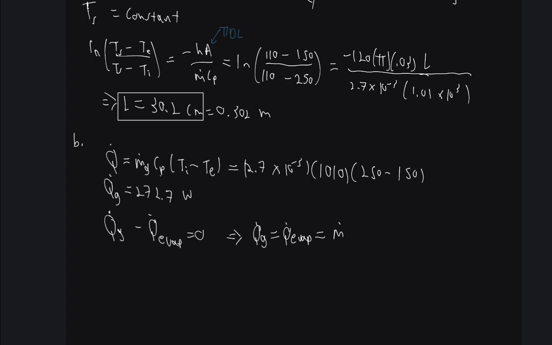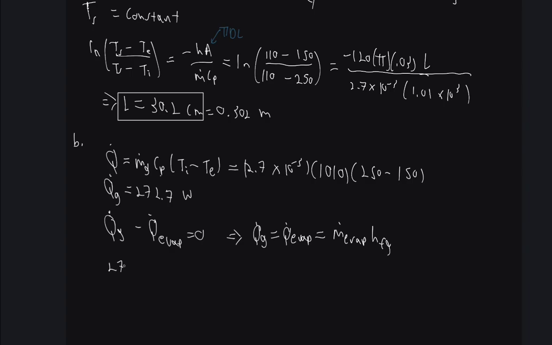Cp delta T is actually H, specifically delta HFG. And this m dot is for evaporation, because we're looking at evaporation. So m dot evap times HFG.